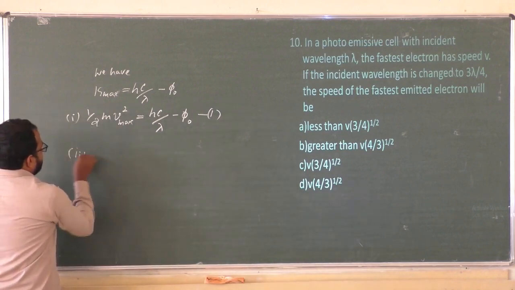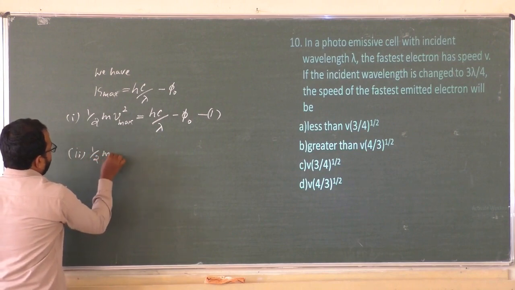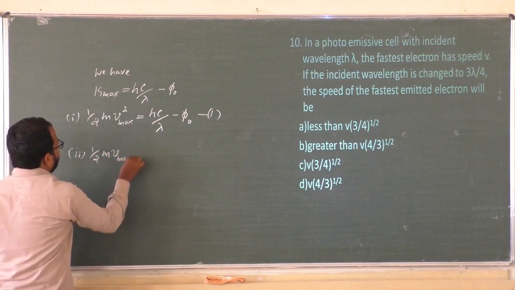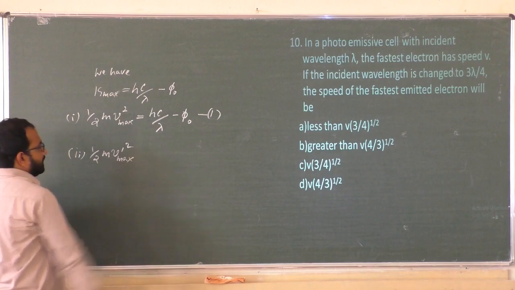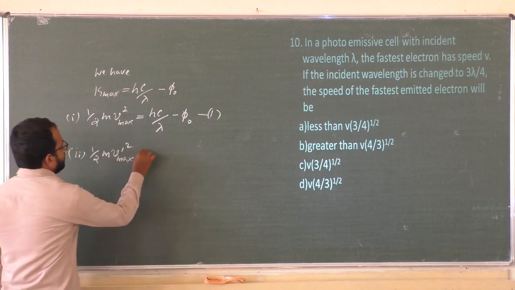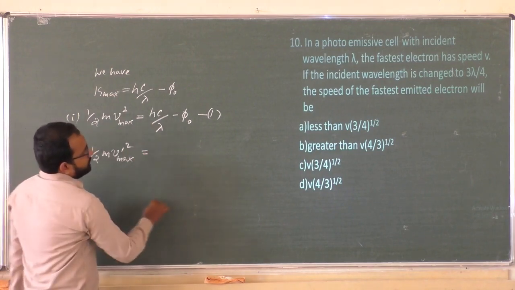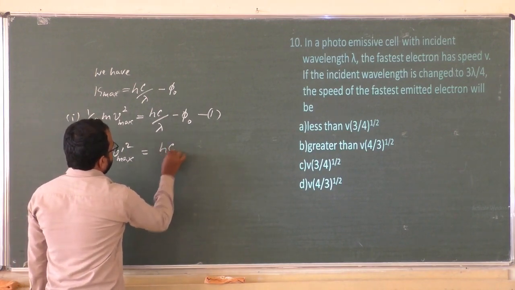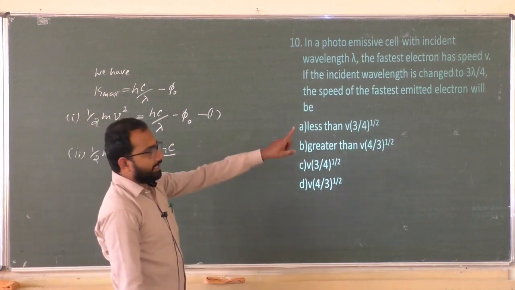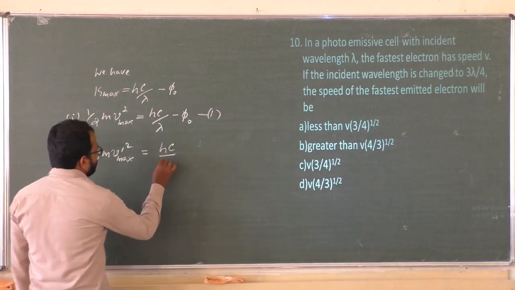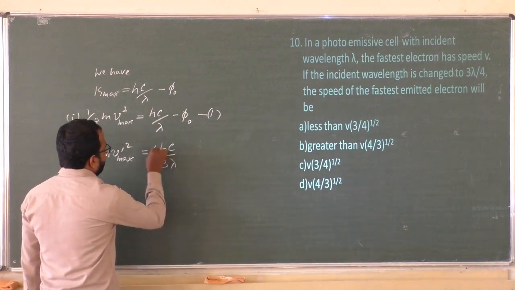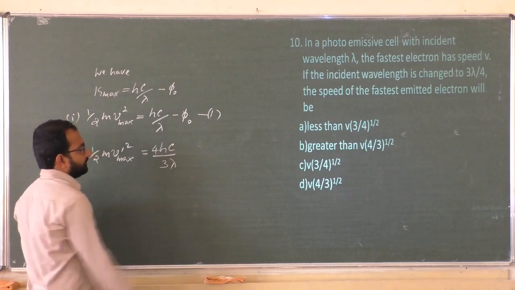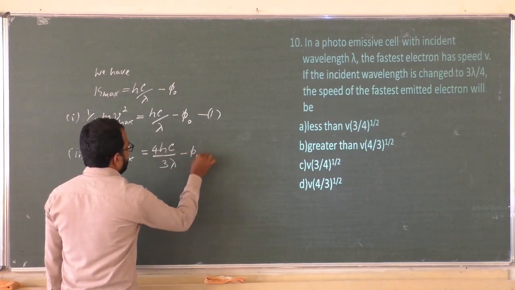For the second case, the maximum kinetic energy of emitted photoelectrons is half m v dash square, equal to hc by 3 lambda by 4, minus phi naught.